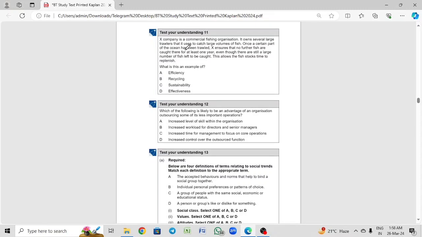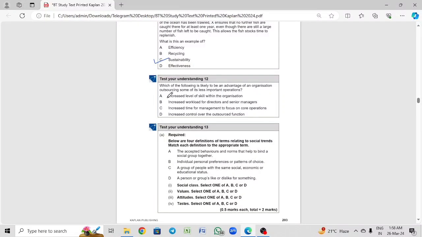This allows the fish stock time to replenish. What is the example of? Efficiency, recycling, sustainability, or effectiveness. So this is a classic example of sustainability. We are not compromising the needs of the future, right? Because we are allowing the resources to replenish. Okay, test to understand number 12.